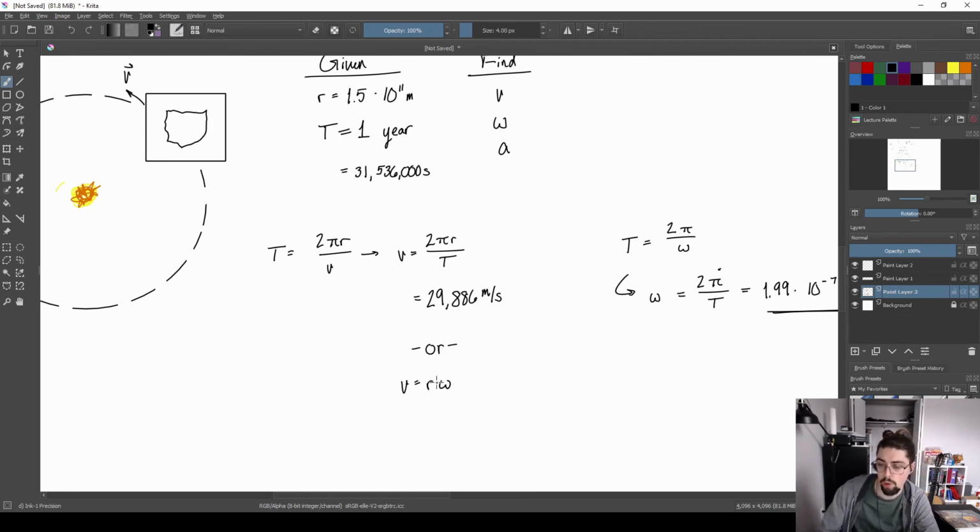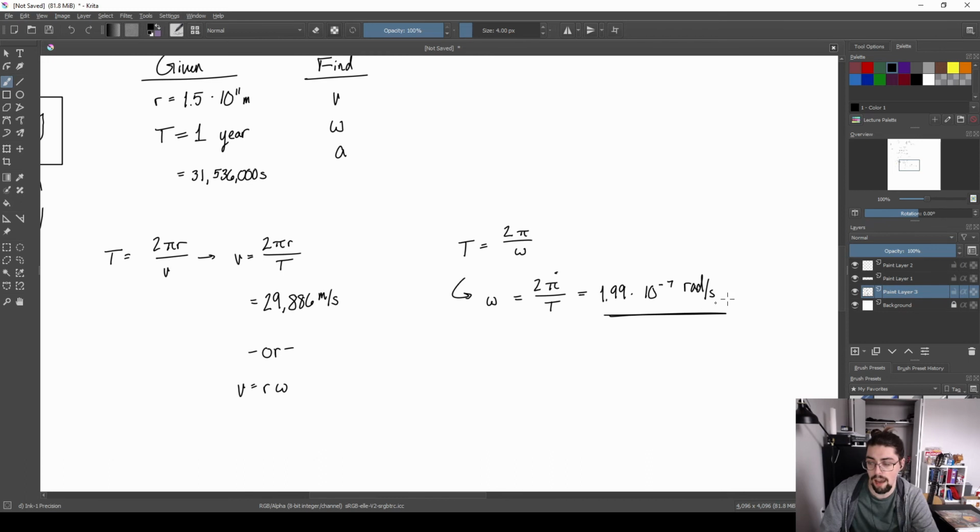Either of those would work. It's just that the second option means I have to have already correctly calculated omega. And if I have the chance to avoid reusing values that I may or may not have gotten correct, because accidents happen sometimes, I'm probably going to take the one that depends only on the given variables.